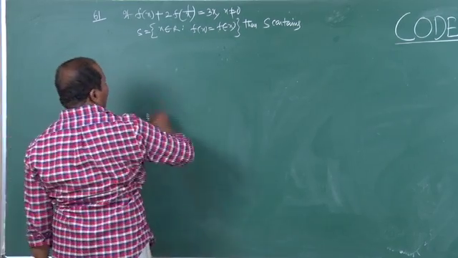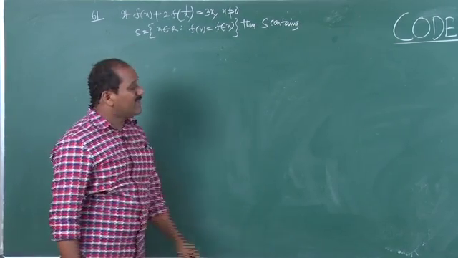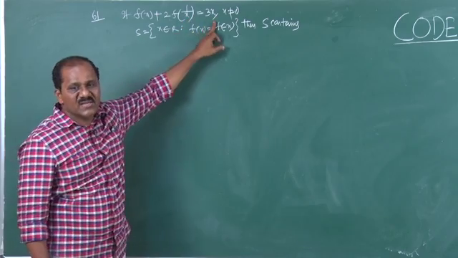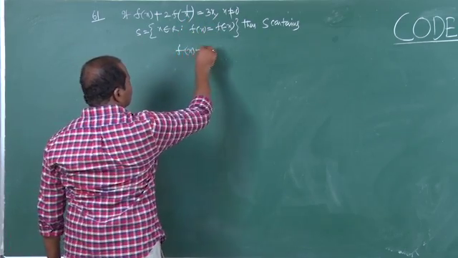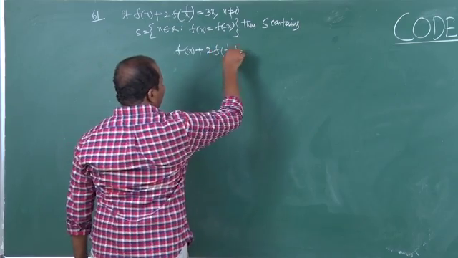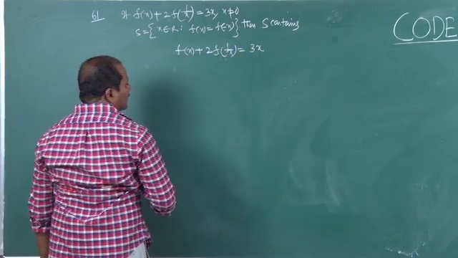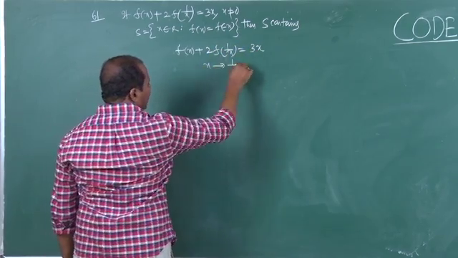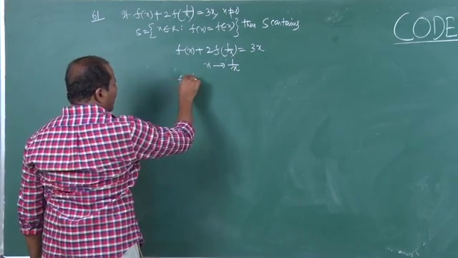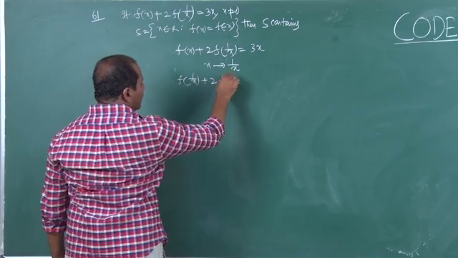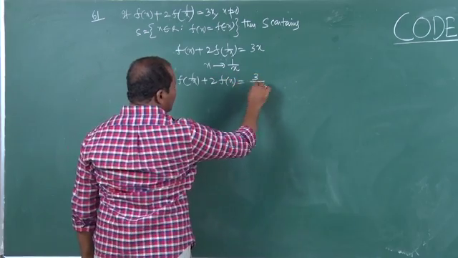So, first of all, based on the given information, f of x plus 2 f of 1 by x is equal to 3x, find the function. Here replace x by 1 by x, so that 2 into f of 1 by x plus 2 into f of x is equal to 3 by x.